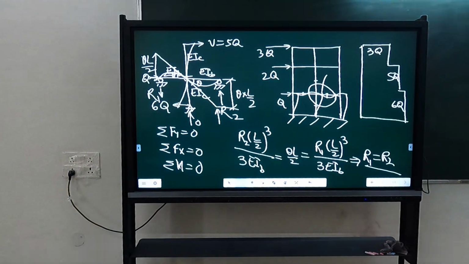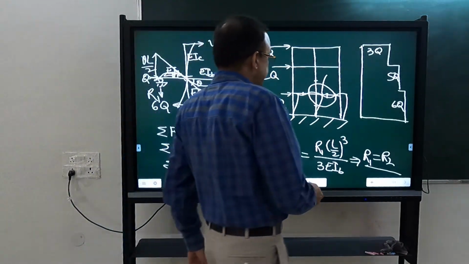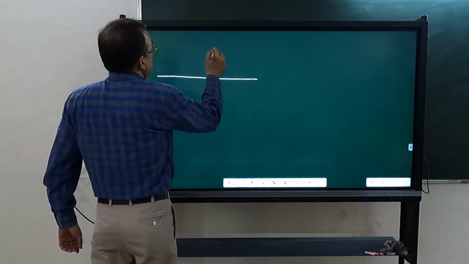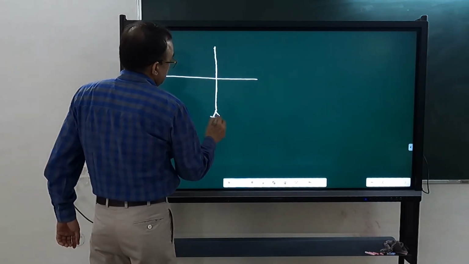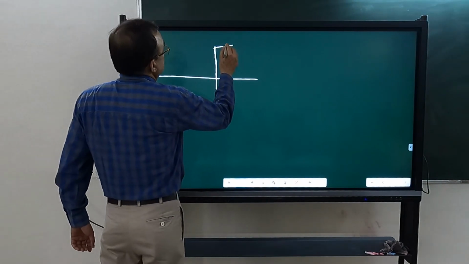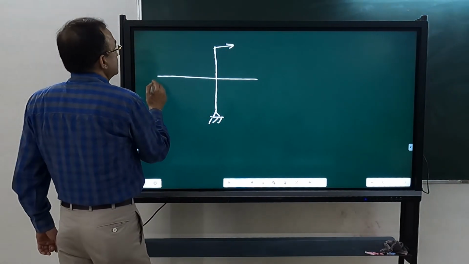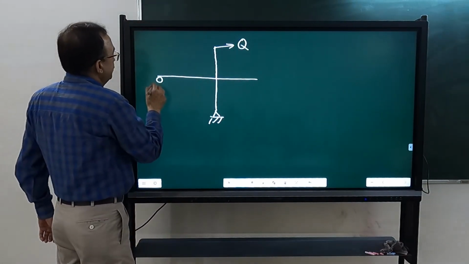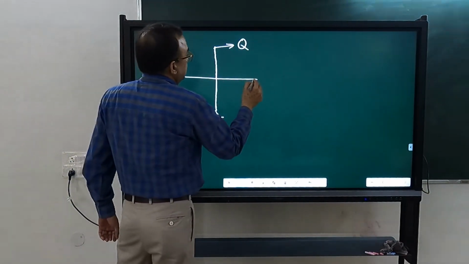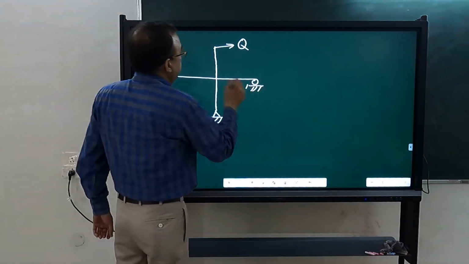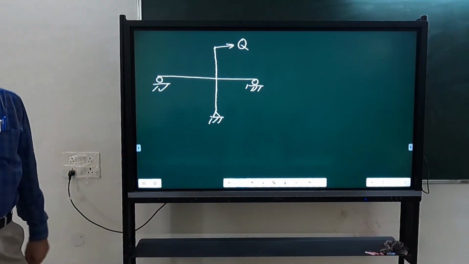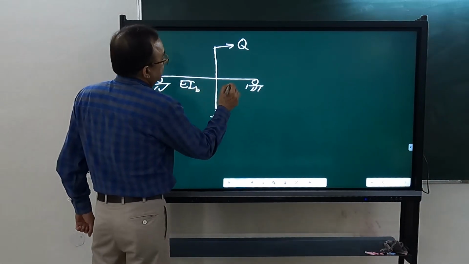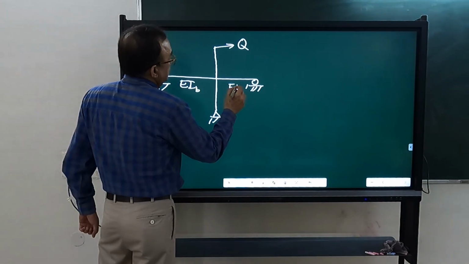Suppose the spans were different. Even if there is no force acting, or if a force is acting here, then also it will be a similar situation. But suppose this is the situation, and this is EIB, this is EIB.